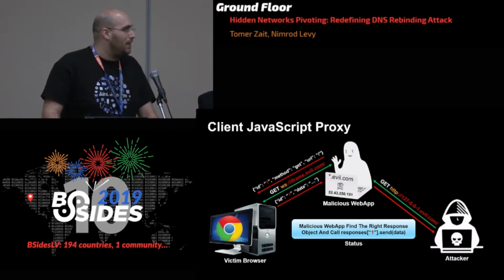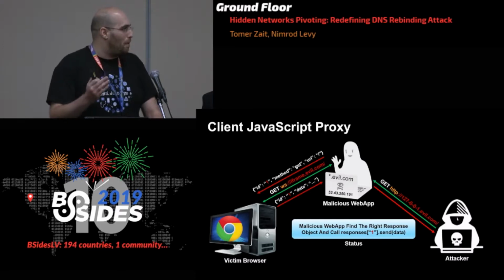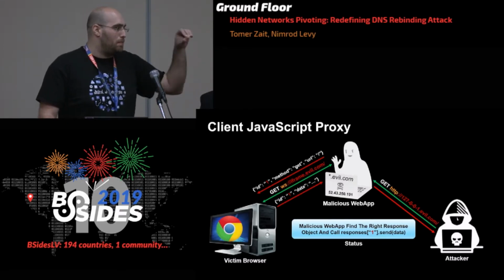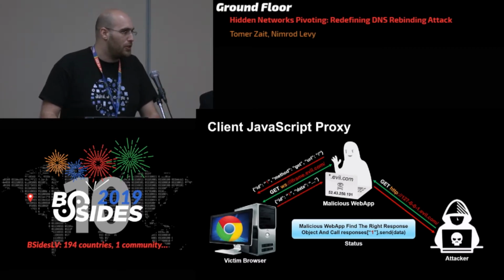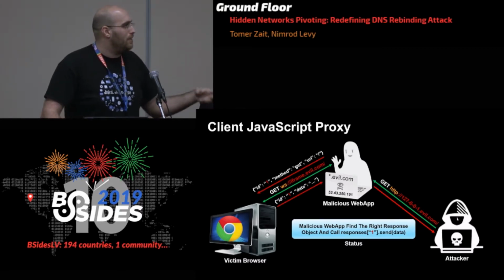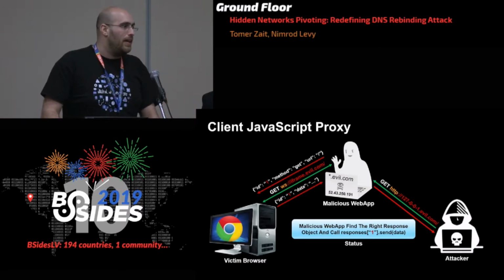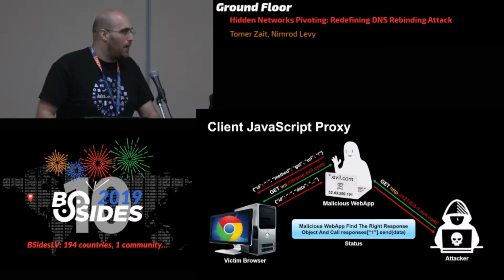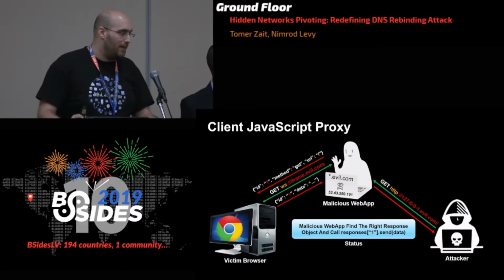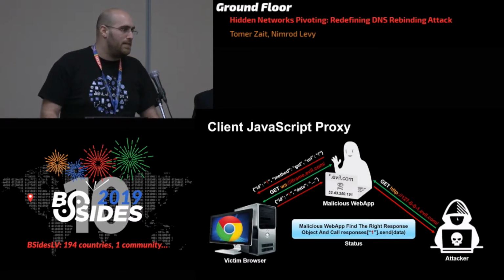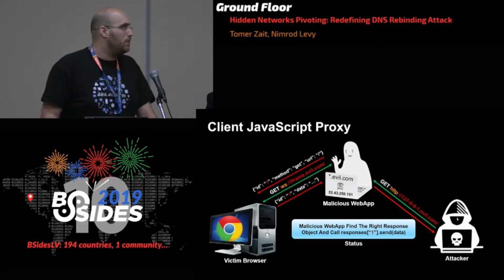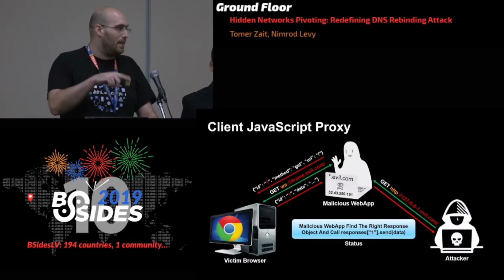And now the malicious web application finds the right response and just responds using the send function, returning the response with all the headers, even the basic authentication headers, and with all the body of the response to the attacker. Even if it's binary files, the attacker will still be able to download those binary files using the same technique.